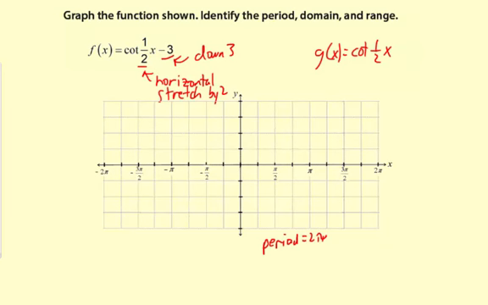So I'm going to change colors here to a gray, and then graph the function g of x equals cotangent 1/2 x. Then after that, we're going to translate it. The period is 2 pi, so we're going to have an asymptote at the y-axis, another asymptote here at 2 pi.